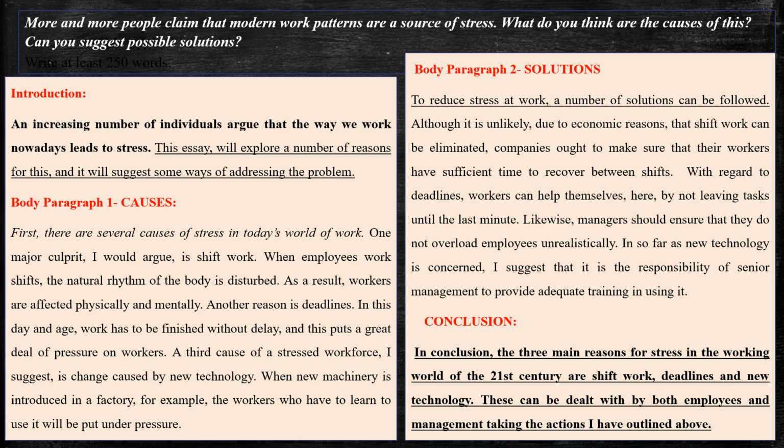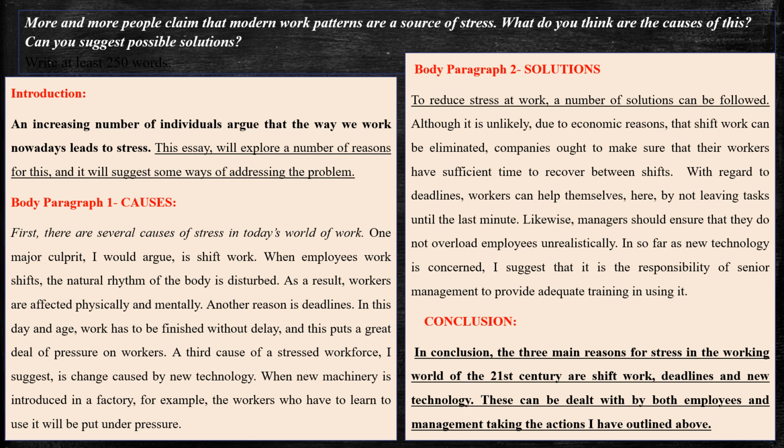Okay? You need not give an example for all the three causes because time will not be sufficient and it will increase the number of words. You only need to write 250 words. So if you are giving three causes, just explain them clearly and give an example for one of the causes and that will be enough.